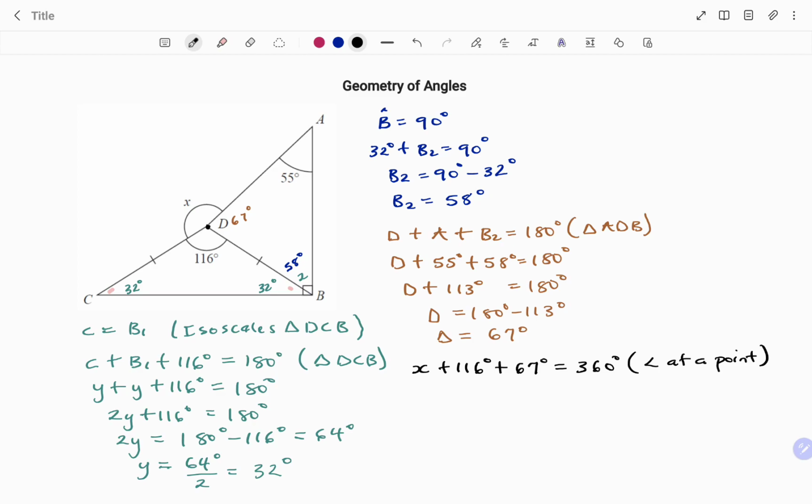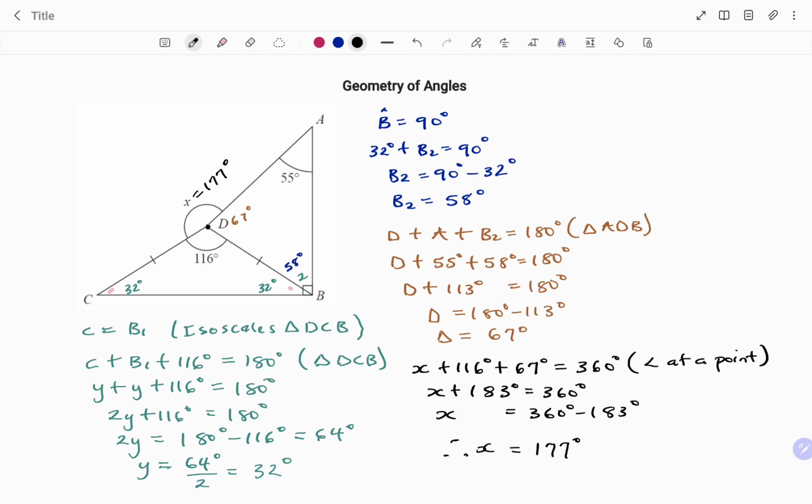If I add that together, I have x plus 183 degrees equals 360. To find x, I have x equals 360 degrees minus 183 degrees. Therefore, the value of x equals 177 degrees. So I have x equals 177 degrees.